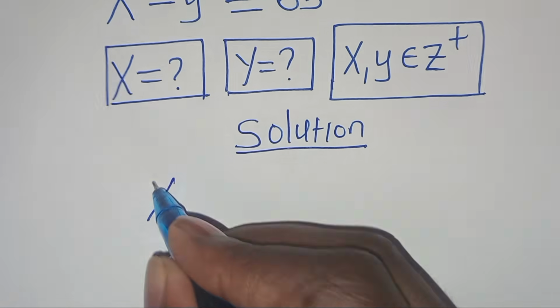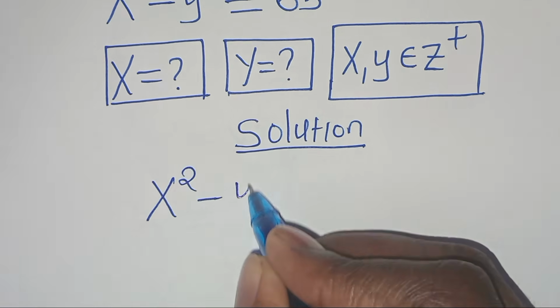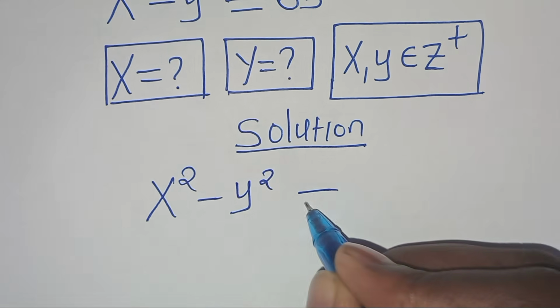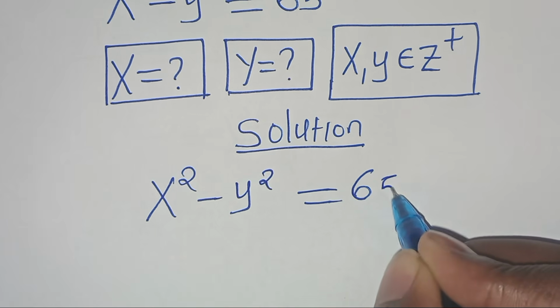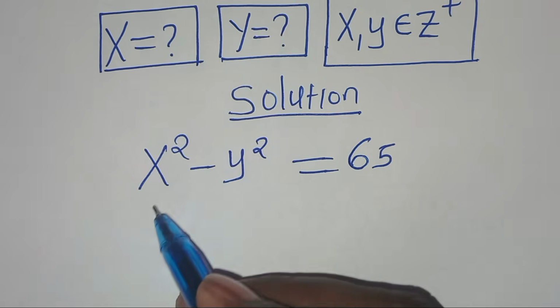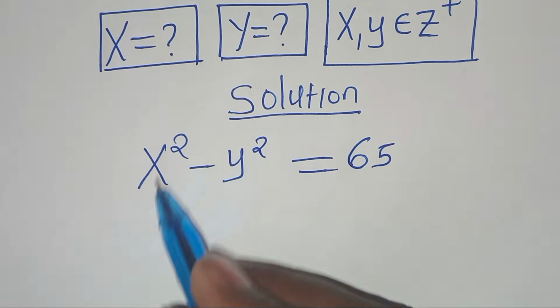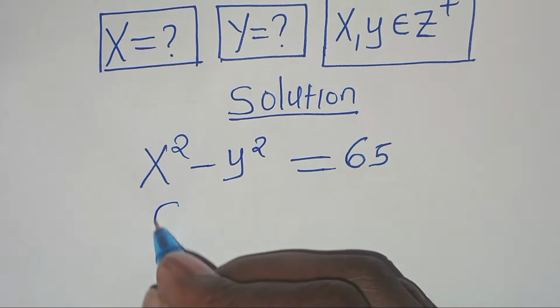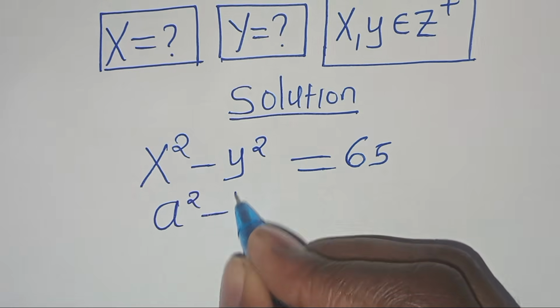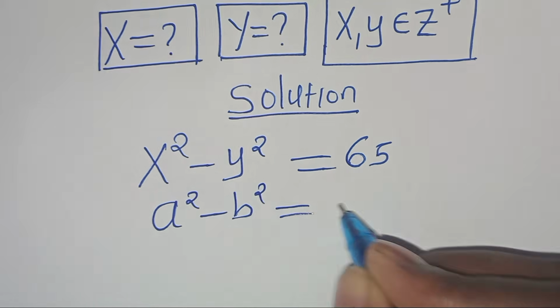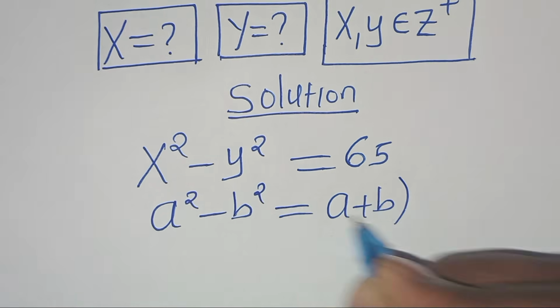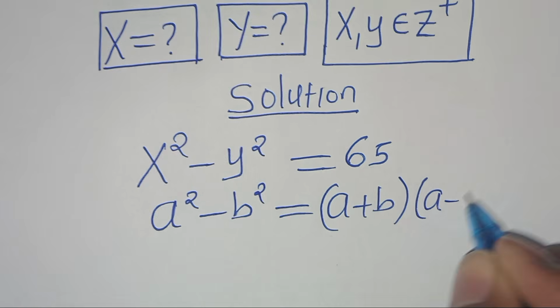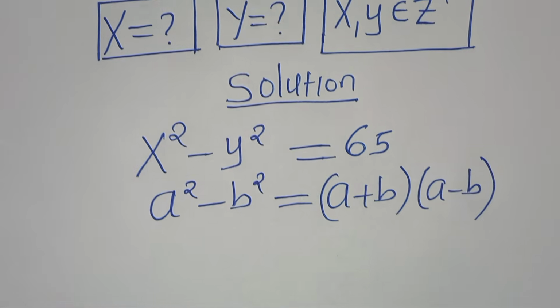So this is x to the power of 2 minus y to the power of 2, equal to 65. We have x squared minus y squared, the difference of two perfect squares, expressed as a squared minus b squared. This can be expressed as a plus b multiplied by a minus b.